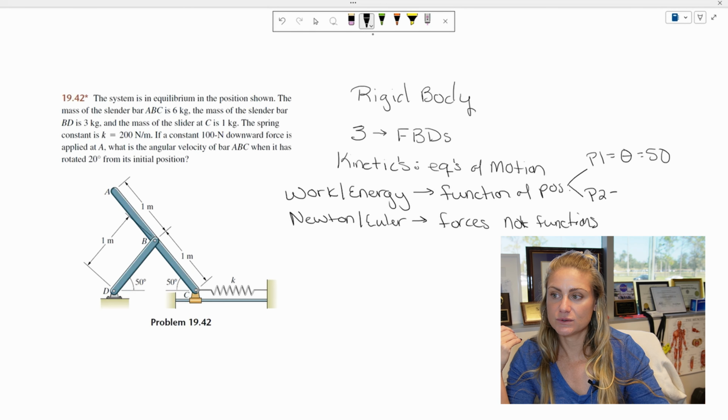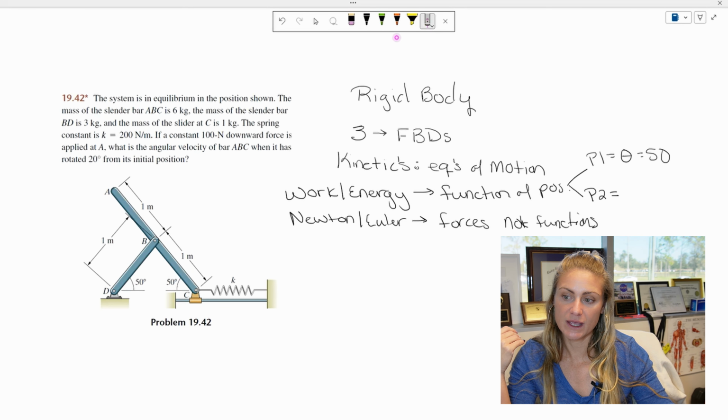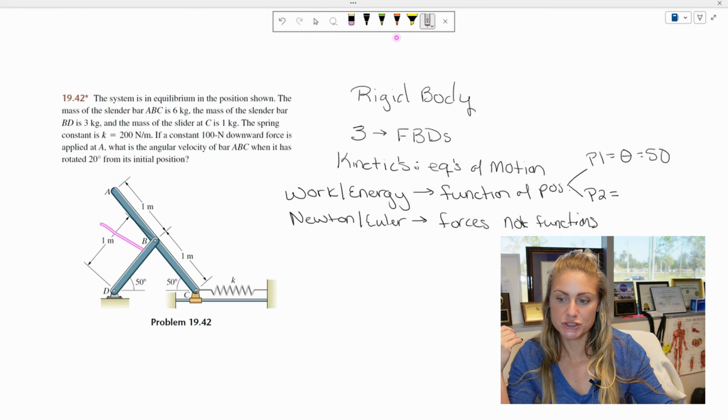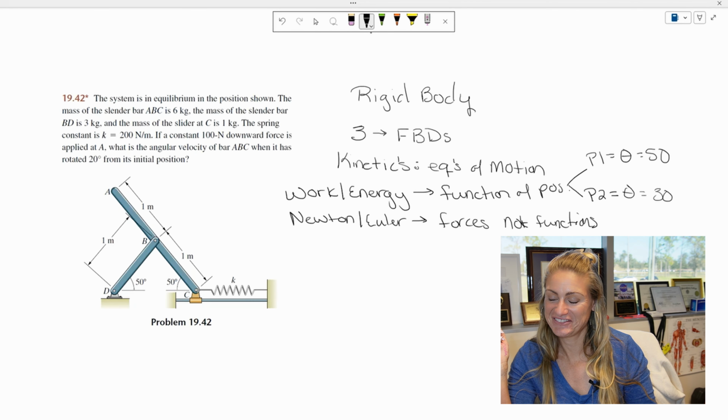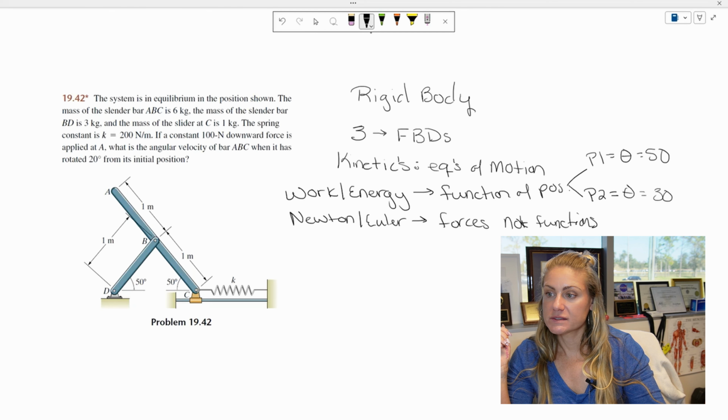At P2, it states that I want to know the angular velocity of bar ABC when it's rotated from its initial position. So I'm going to push down on this bar with the 100 Newton force, and that bar is going to push the spring, which means that this angle is going to decrease by 20 degrees, meaning that at P2, theta equals 30.